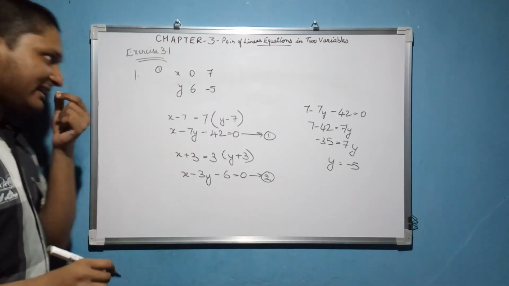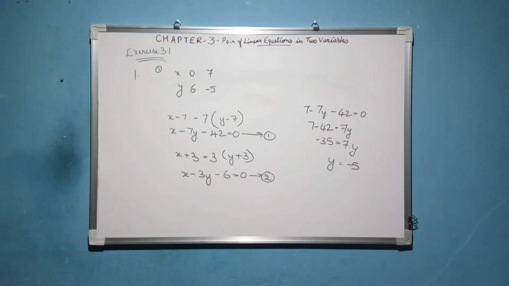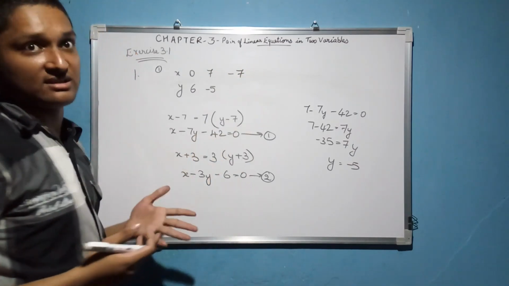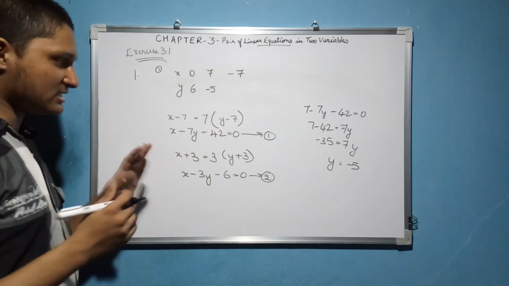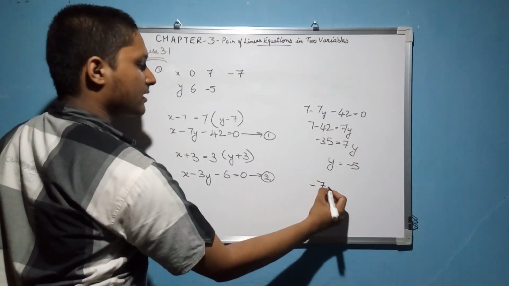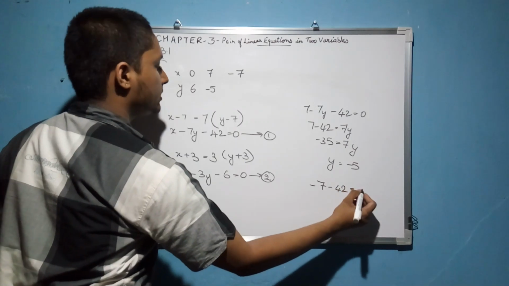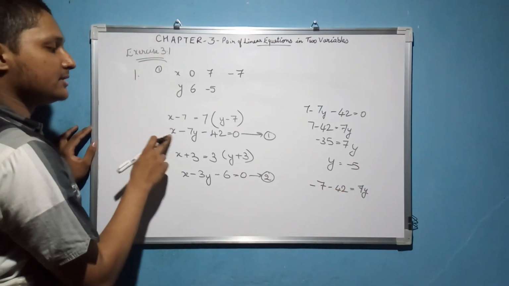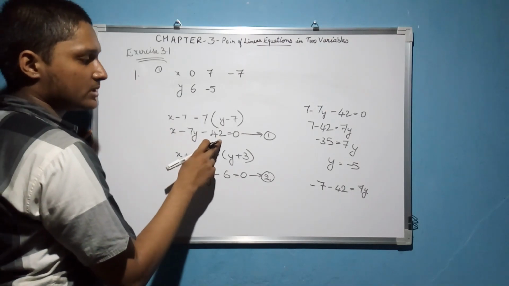The one more point I think we need. I'll take x as minus 7 because it's all about 7, so many things. All things are about 7. So this comes to be minus 7. Minus 7 minus 7y minus 42 is equal to 0.